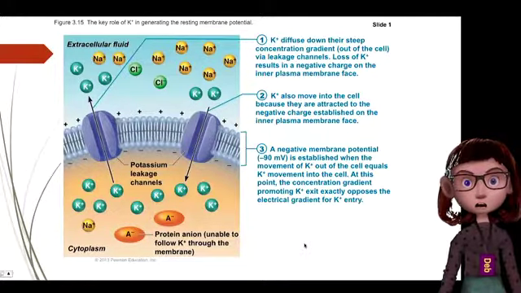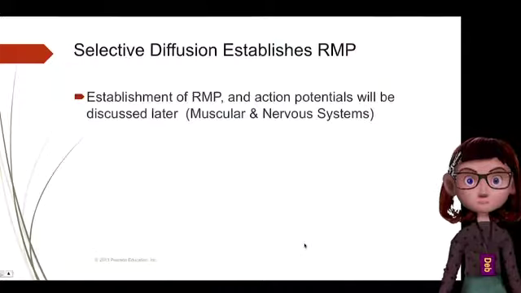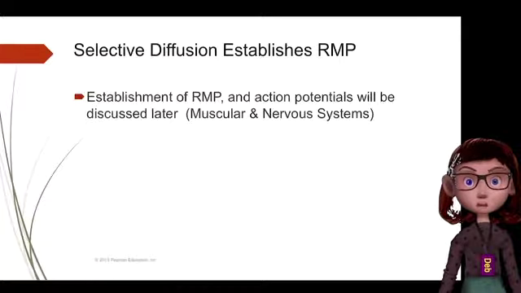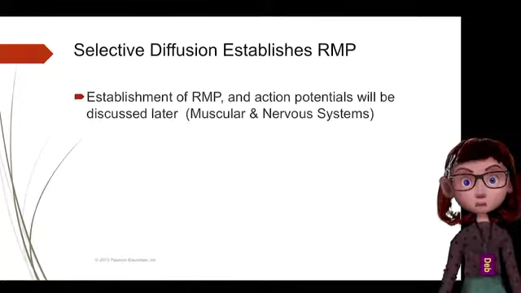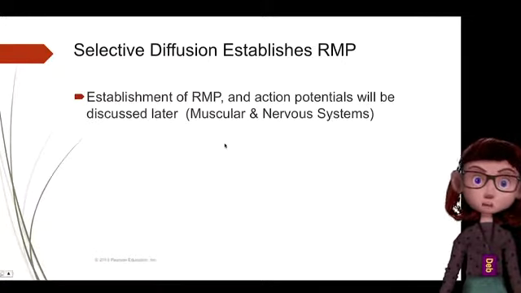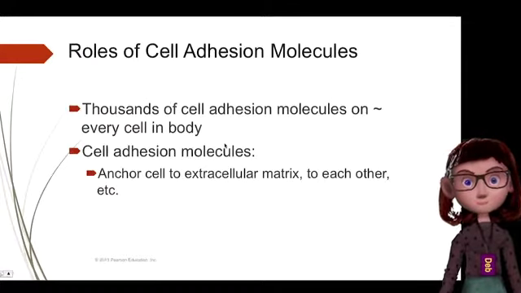We are going to come back to this later in more detail when we get to muscles. But selective diffusion will actually establish the resting membrane potential, and also that sodium-potassium pump. Keep that in mind, and that's what we will be discussing later with the muscular and nervous systems.